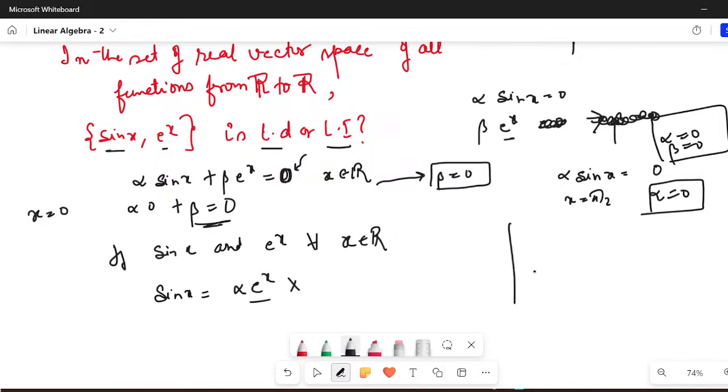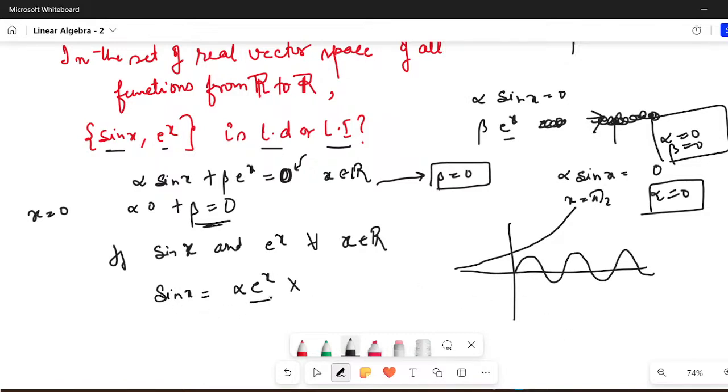If at all sine x and e to the power x are linearly dependent, what does it imply? Can I write sine x as a linear combination of e to the power x? No, I cannot. For a point or two, there may be a possibility that they are equal somewhere.